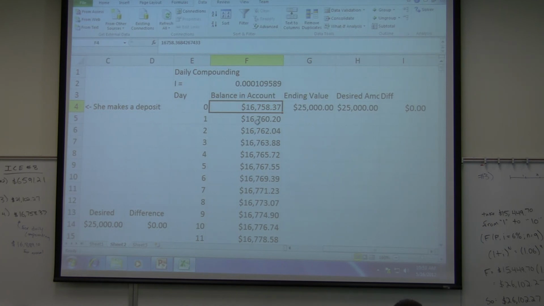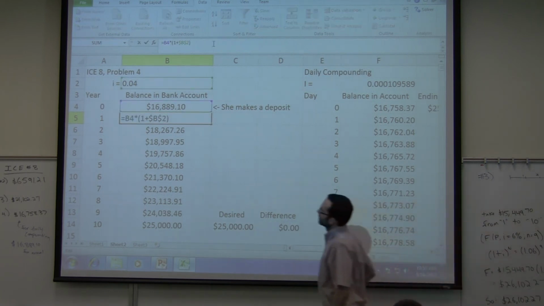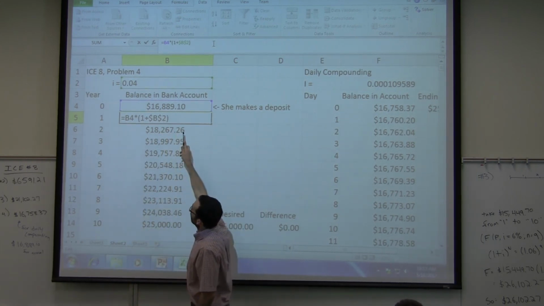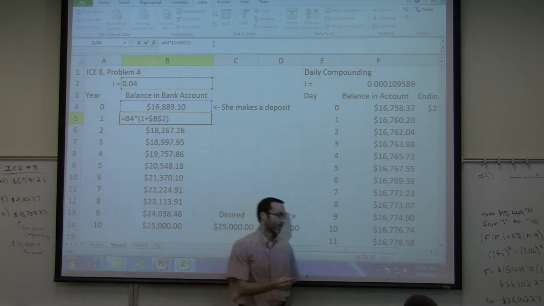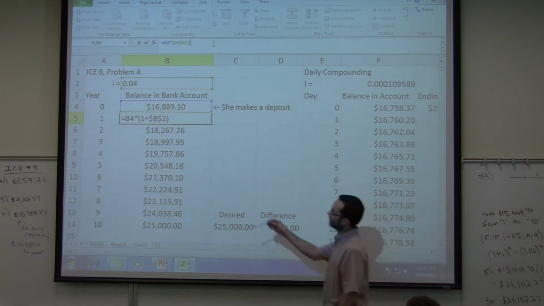So sort of the tricky thing here is that, I'll show it on the annual version. Look at the formula, each row is just the row above it times 1.04, so that it's compounding a single year at a time. And so what we're looking at is the balance in the account at the end of each year.